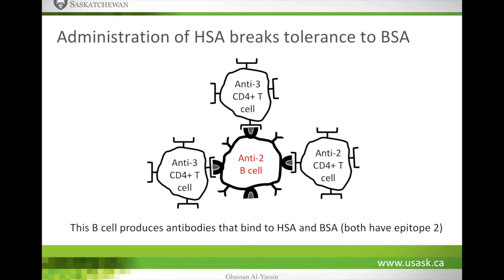After that, CD4 T cells specific for epitopes 2 and 3 will activate this B cell, and antibodies specific for epitope 2 will be produced. Since both HSA and BSA have epitope 2, this B cell will produce antibodies that will bind both HSA and BSA.